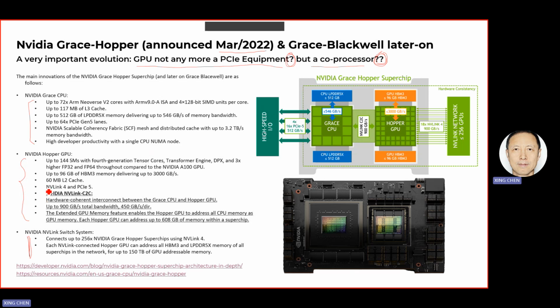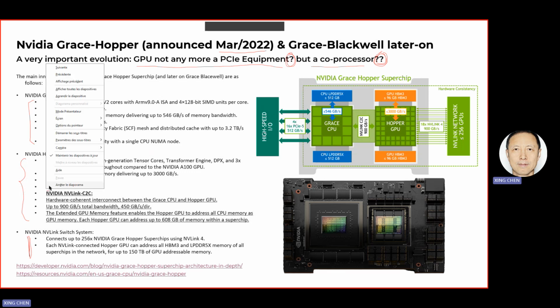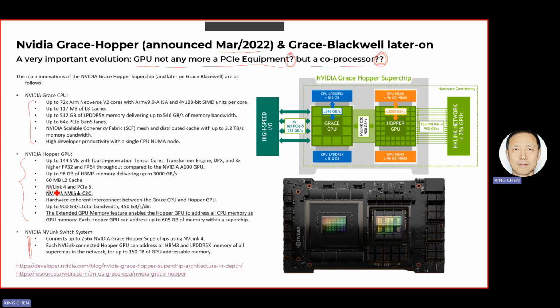So here, the first thing is that we can see that there is the NVLink 4 and the PCIe for the Hopper GPU. Okay. So there is the NVLink 4, which is used to connect the Hopper GPU to the NVLink network.